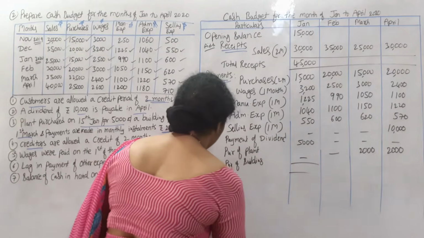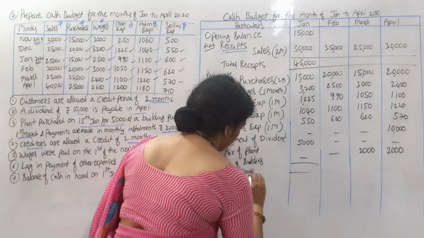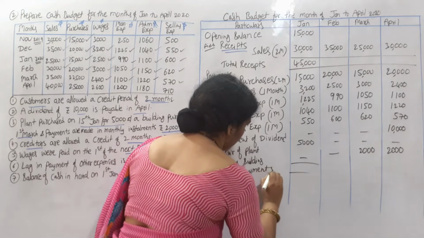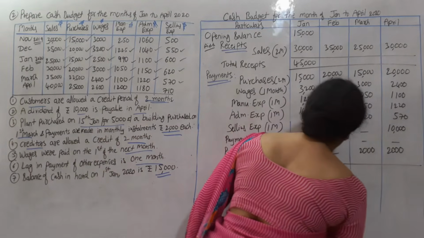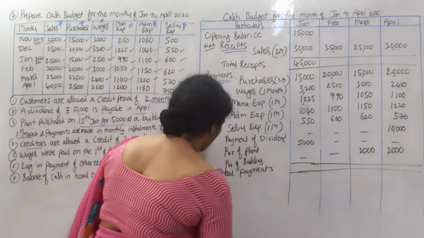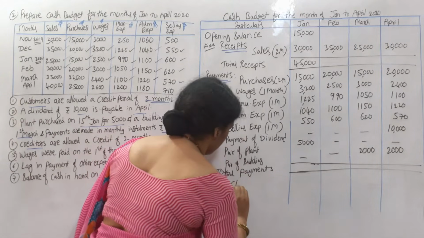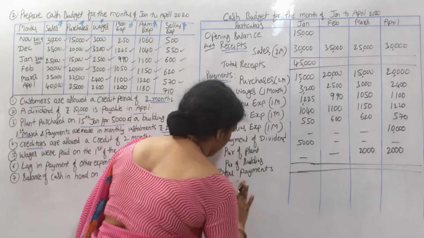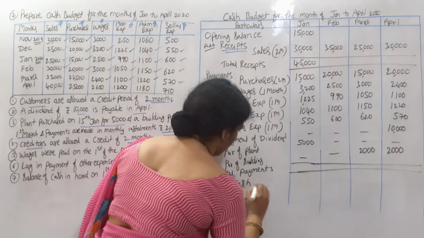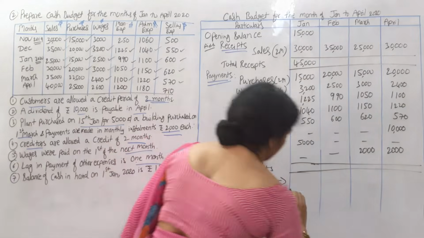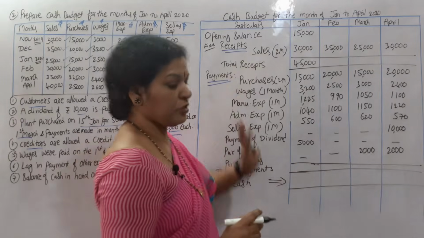Total payments, and also closing cash. Here first total receipts we know.